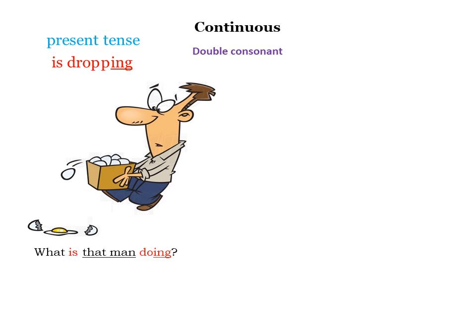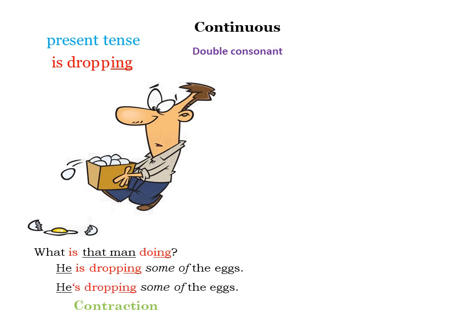What is that man doing? He is dropping some of the eggs, or contraction for he is, he's. He's dropping some of the eggs.